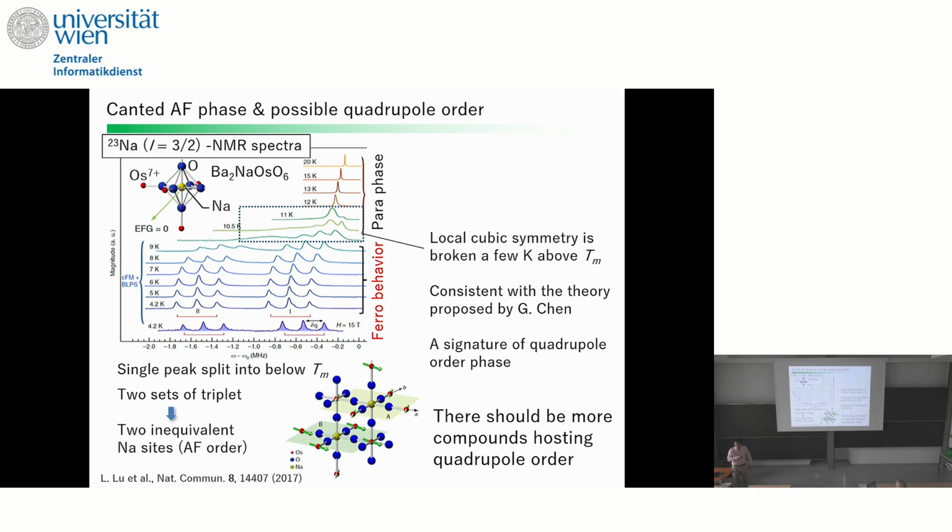This observation is quite encouraging for us because the multipolar order indeed exists in 5d transition metal oxides, and there should be more.